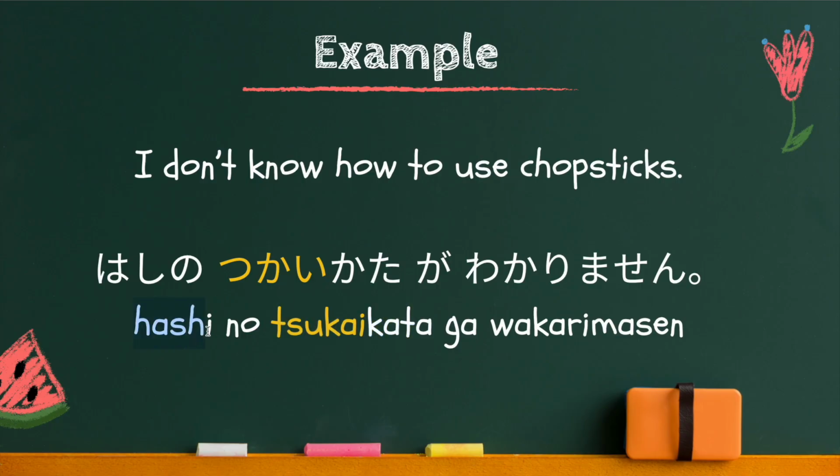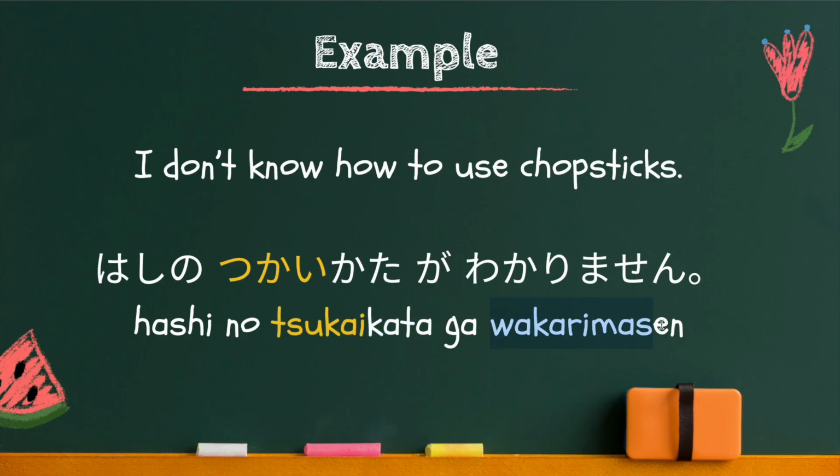Therefore, noun, no particle, then another noun. If you don't know how to use this no particle, please go back to lesson 31 and then you can learn how to use this no particle. So basically, you can use no particle when you modify a noun using another noun. So, Hashi explains more in detail about what is this 使い方 about.